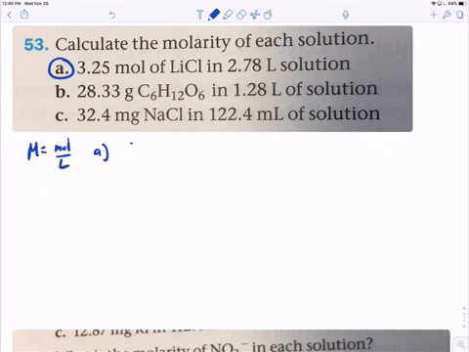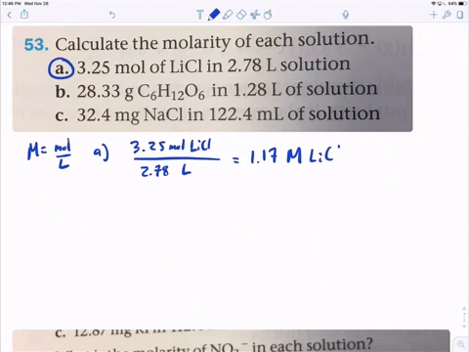So A is 3.25 moles LiCl divided by 2.78 liters. Divided by 2.78, and this is 1.17 molar LiCl.